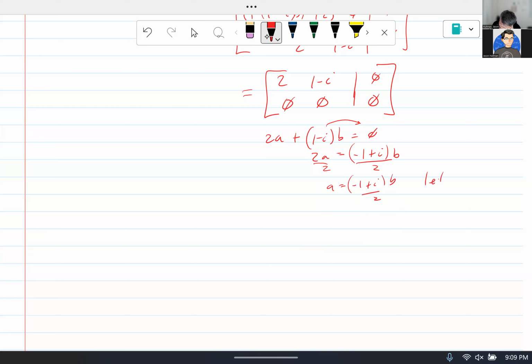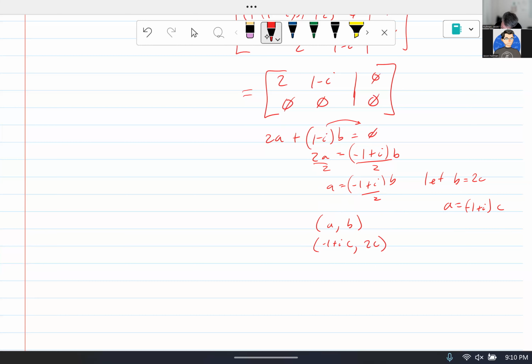If I let b equal 2c, then a would be equal to -1 plus ic. Yeah, there we go. And b, that's going to end up being 2c. That makes sense. That works.